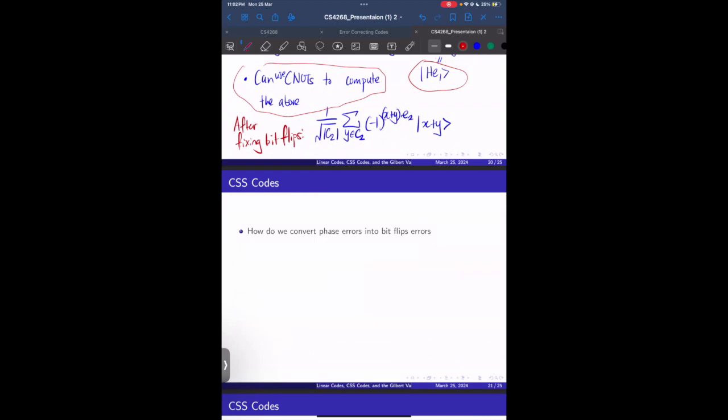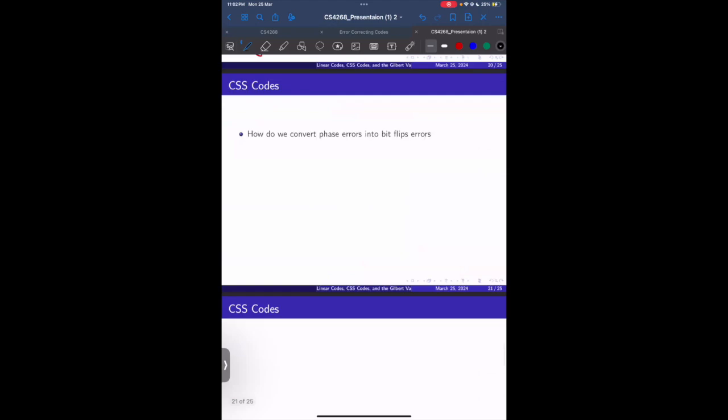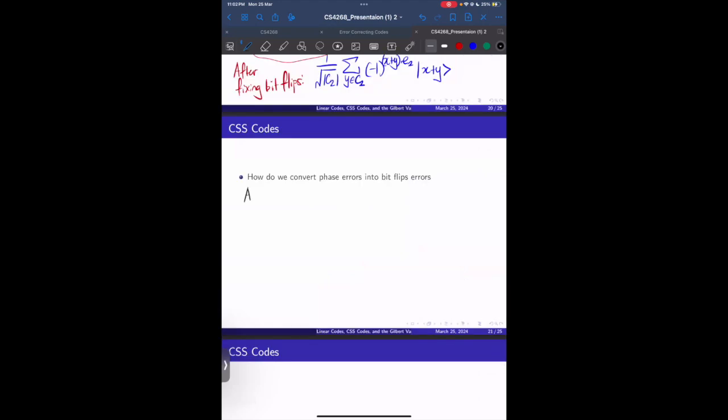So as with all quantum algorithms, we just do Hadamard, so that we can change the phase errors to bit flip errors. So the solution is just to apply the Hadamard gate. After that, once we apply the Hadamard, we have the following state.